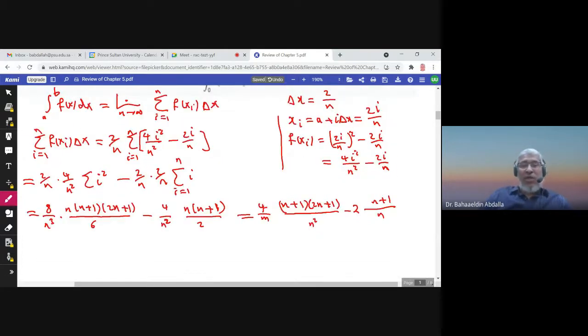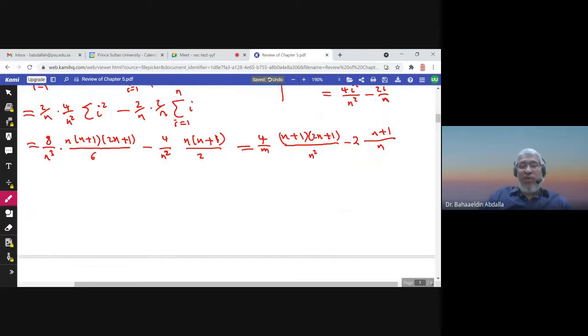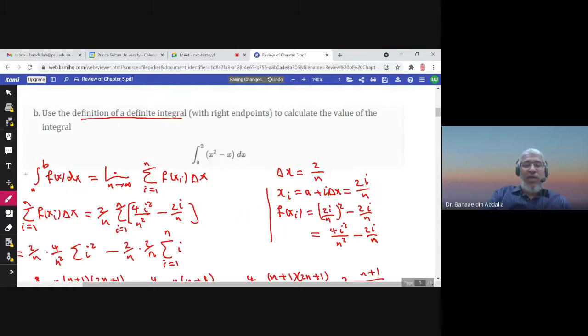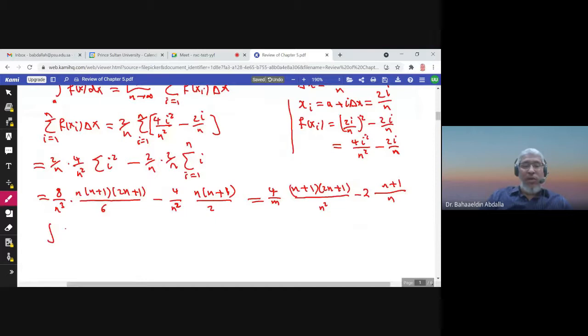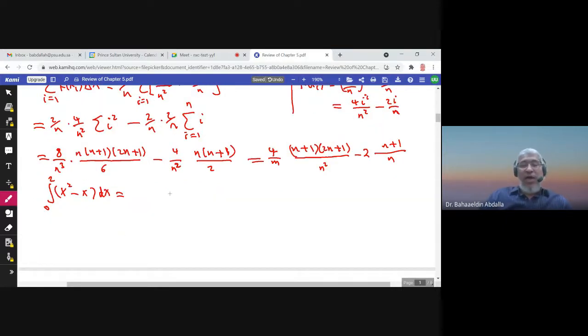Now the integral would be equal to the limit. So I take the limit of this to find the integral of x squared minus x dx from 0 to 2. It would be equal to the limit of this quantity. So I have, this is 4 over 3, not 4 over m.